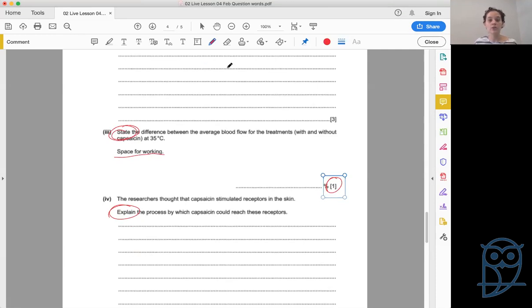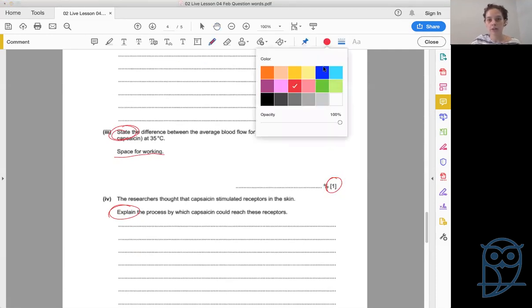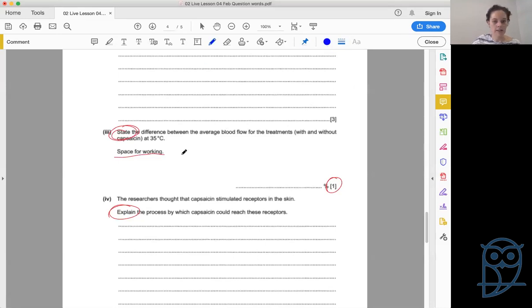So you can go to your graph and read it off, and you will get that without is 20%, with equals 66%. So your difference is 66 minus 20, which is 46.